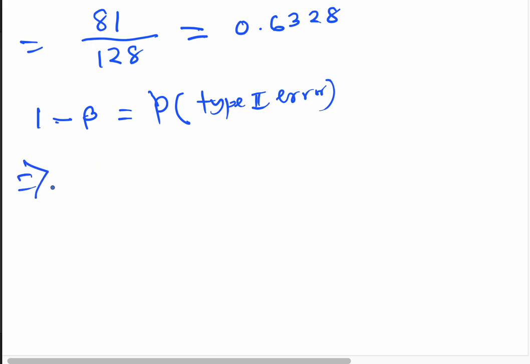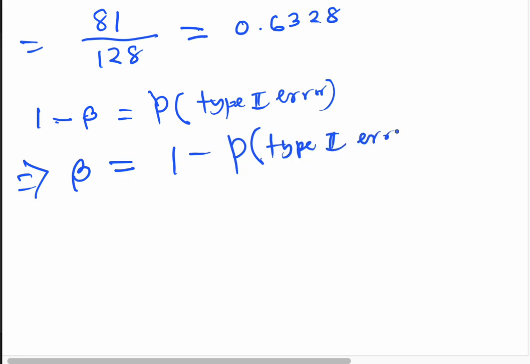So beta is 1 minus the type 2 error, which is 1 minus the probability of accepting when H1 is true.